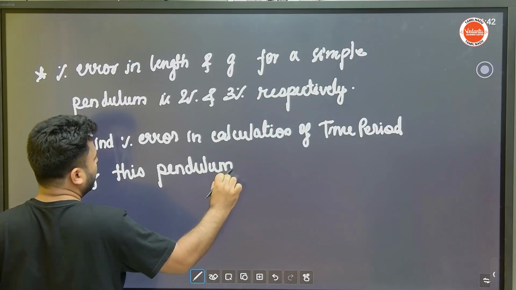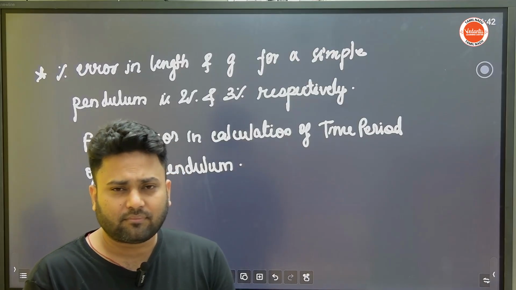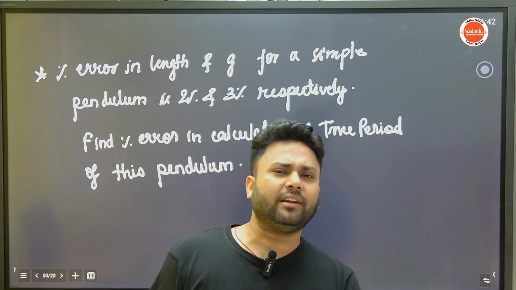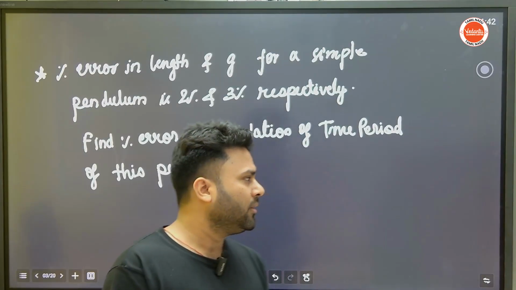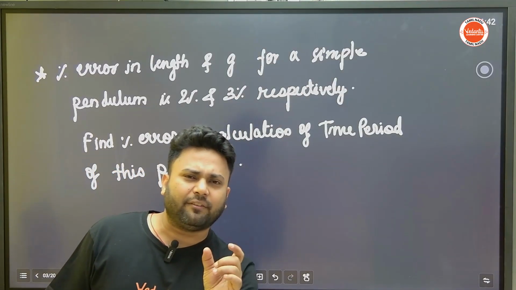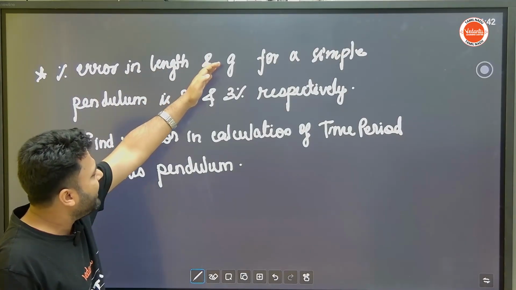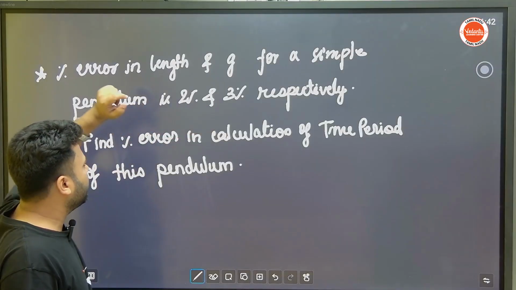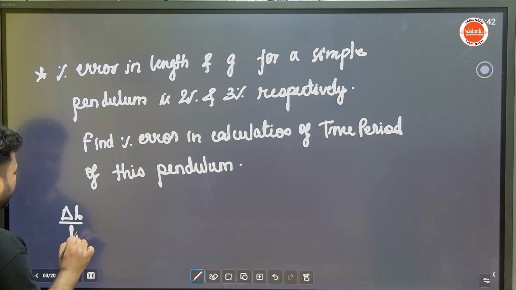See, whenever you get one question, read the question line by line, and whatever things you can write now, you write. This is the correct approach. Just don't read the entire sentence. Read line by line, and whatever you extract, you write. Like percentage error in length and gravity is 2% and 3%. Percentage error in length means delta L by L into 100.